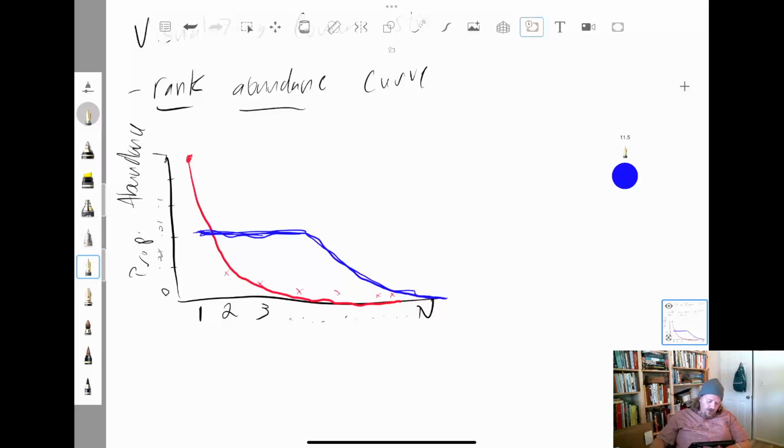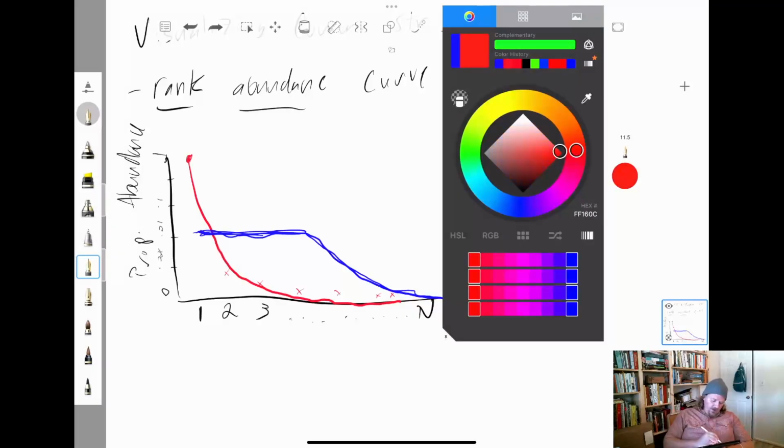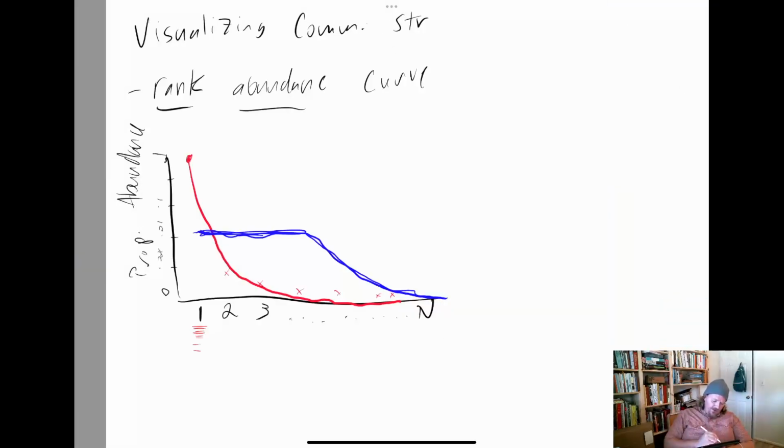Okay, so the way they differ is pretty fundamental, right? Let's talk about the red community first. So the red community, the most abundant species, the number one. Let's make our pen red when we're writing about the red species. The most abundant species in the red community has a very high proportional abundance. We're talking 0.99, right?